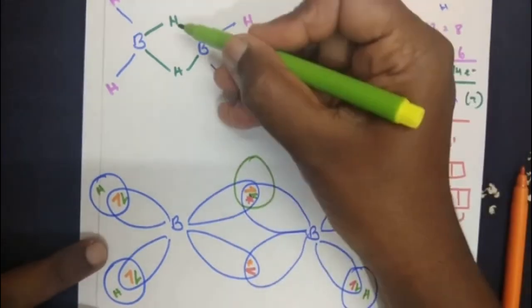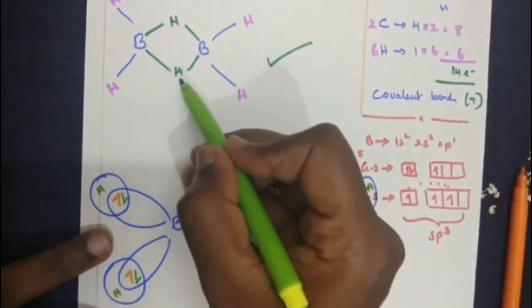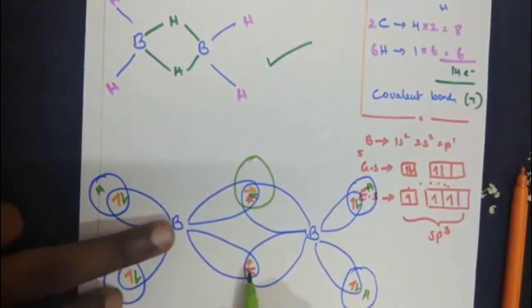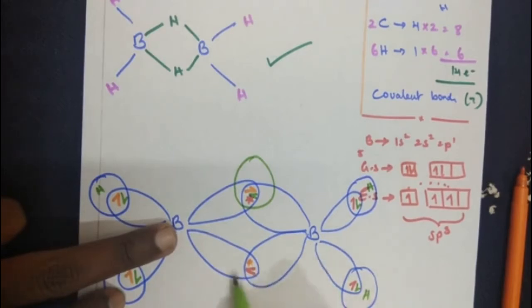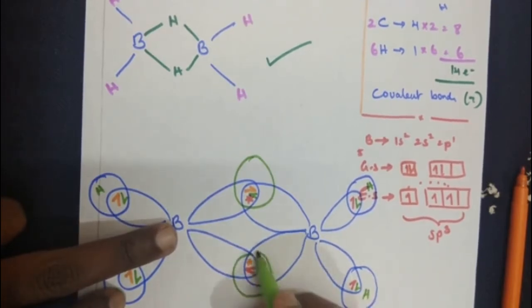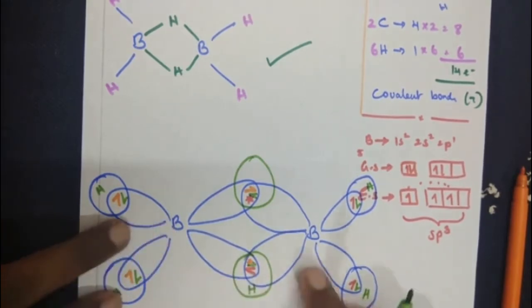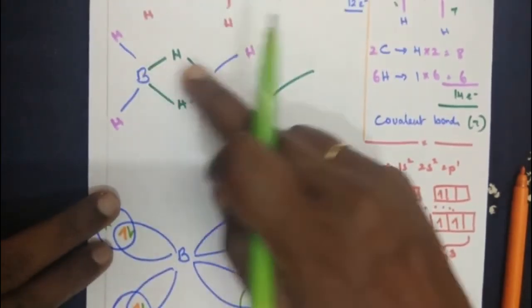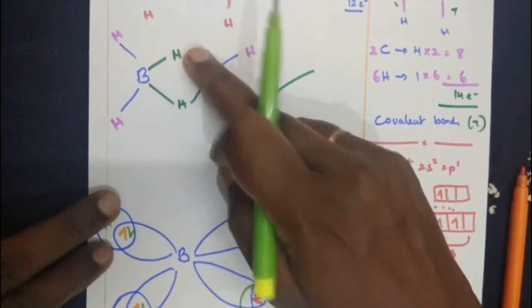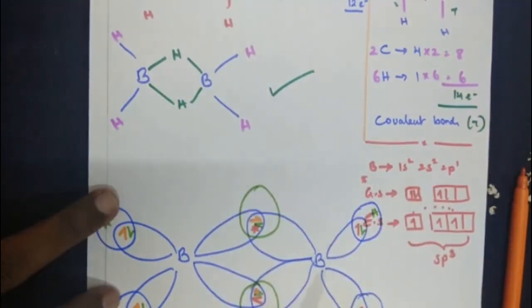Now come back to the lower one. One empty orbital of this boron and the half-filled orbital of another boron are overlapped using the 1s electron of hydrogen. Thus the bridge is formed between two borons, one bridge above the plane, the other bridge below the plane.